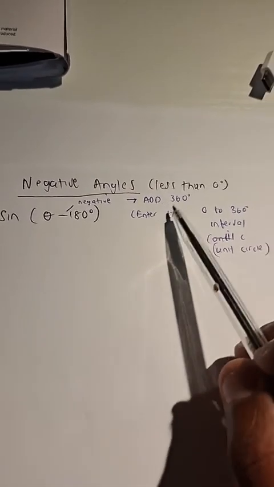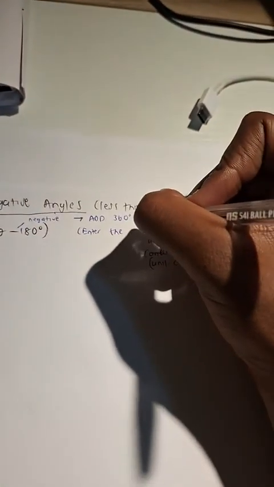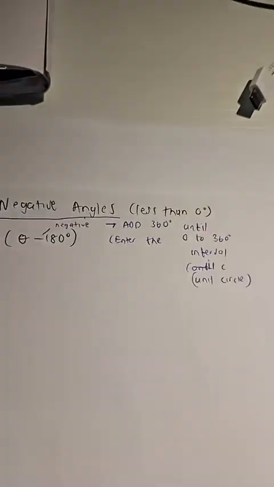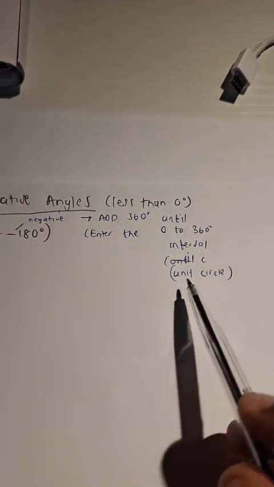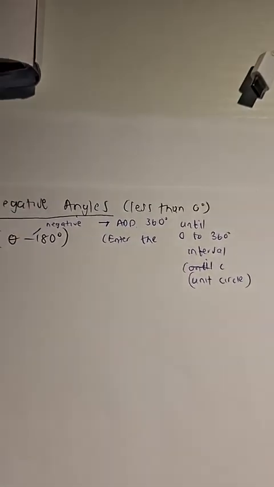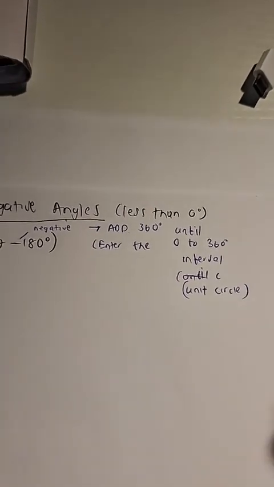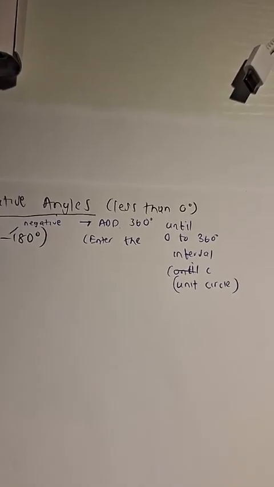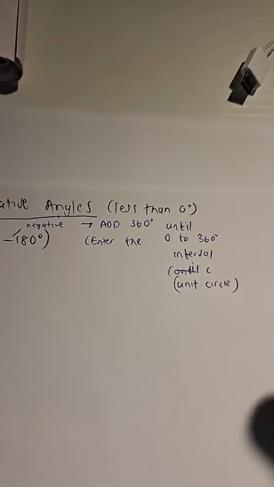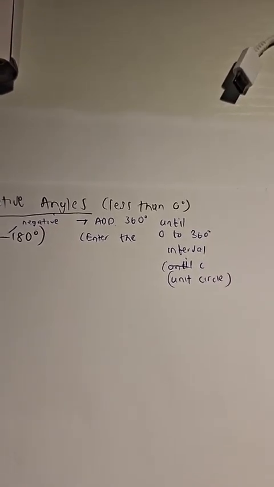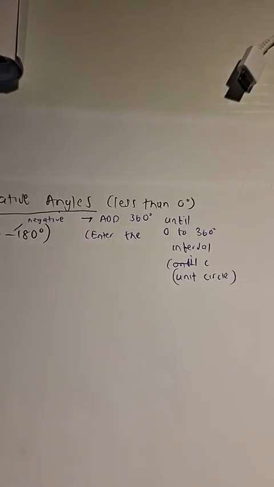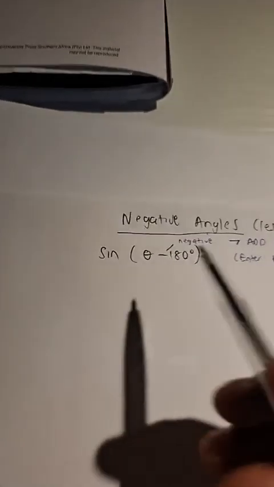So we add 360 however many times until we can completely say we are now within the full 0 to 360 unit circle again, where we have positive angles between 0 and 360, full stop. So let's look at this, guys.